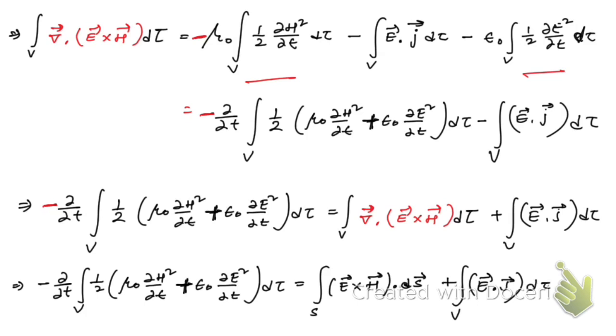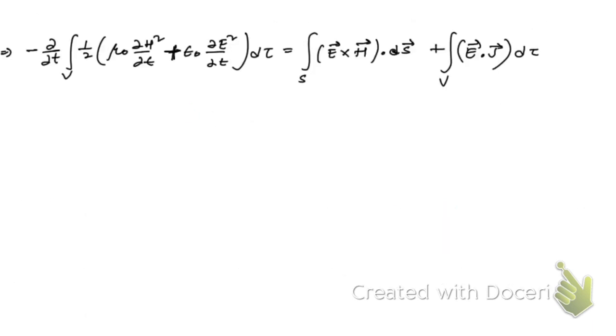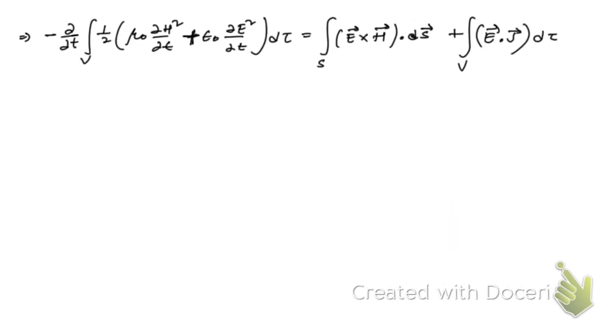d tau. Let me copy this last step and take a new slide here. So here we have used Gauss divergence theorem. We have obtained this surface integral by using Gauss divergence theorem.